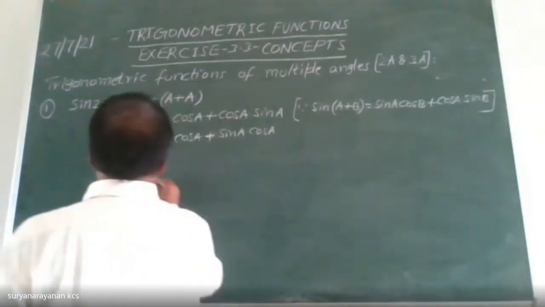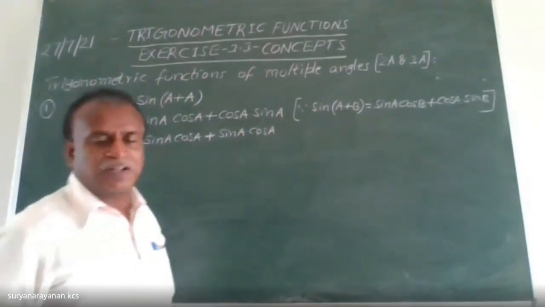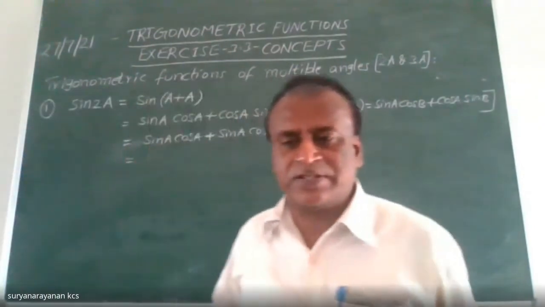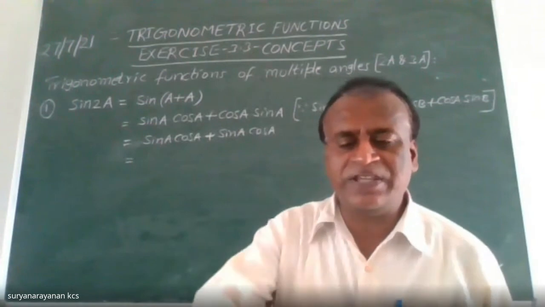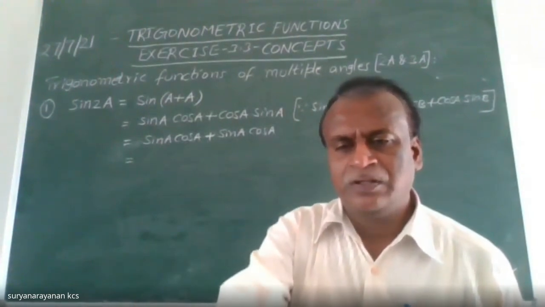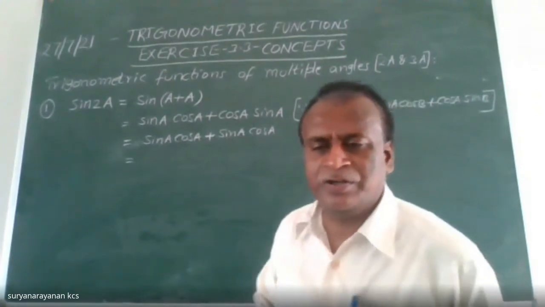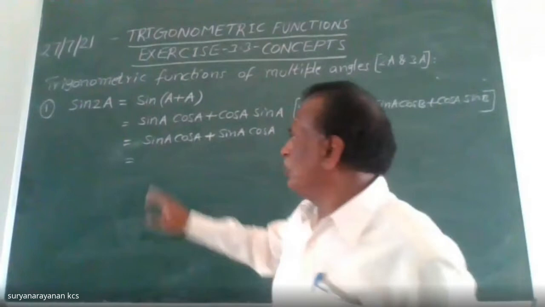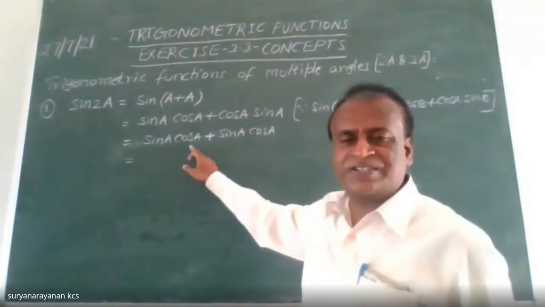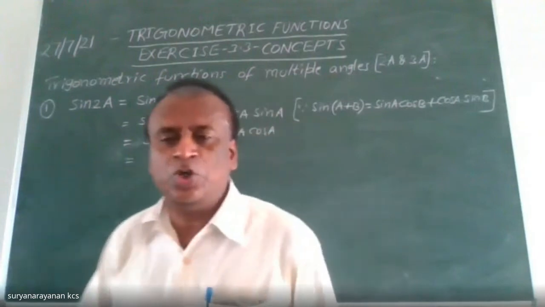If you observe here, sin A cos A plus sin A cos A, what will you get? Just imagine this is an x term and this is also an x term. x plus x, what will you get? 2x. Yes.